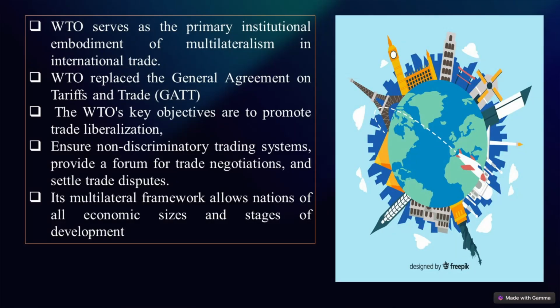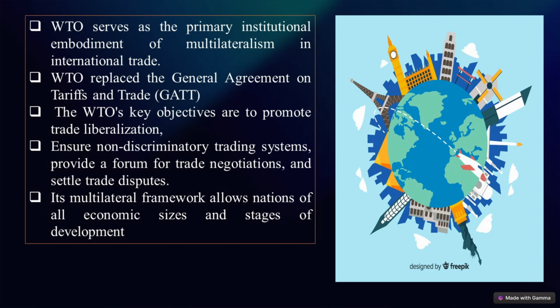So whatever trade policies we adopt, whatever regulation, whatever disputes must be addressed through some kind of collective decision-making framework, which ultimately fosters fairness. Now, the World Trade Organization serves as a primary institutional embodiment of multilateralism in international trade.